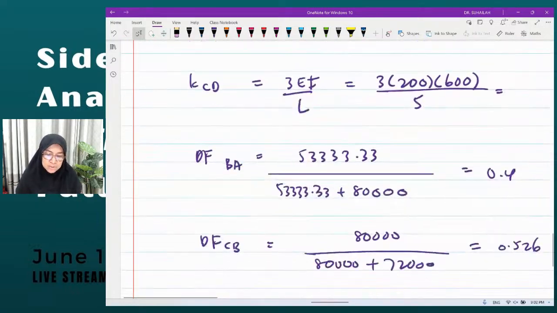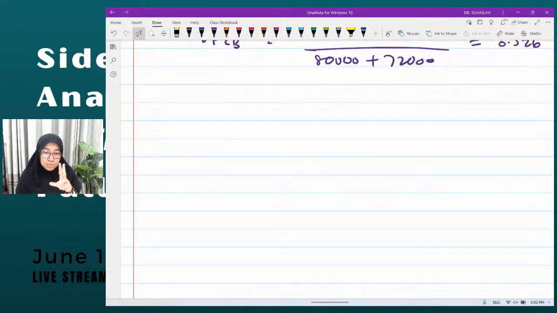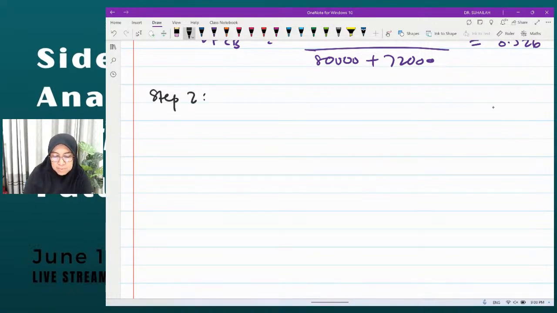Okay, so we move to step 2. Step 2 is no SIDESWAY frame analysis.